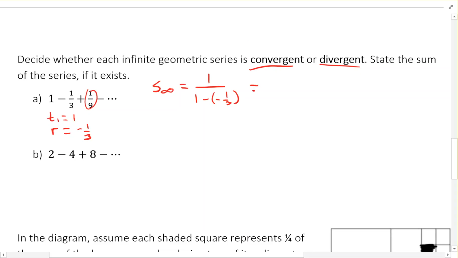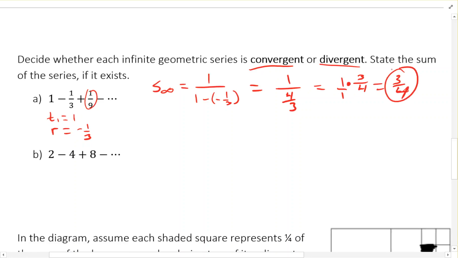So we end up with 1 over 4 thirds, which, if you rewrote this, we're dividing by 4 over 3. That's the same thing as 1 multiplied by 3 over 4. So then that's just 3 over 4. So 3 over 4 is what that would look like.